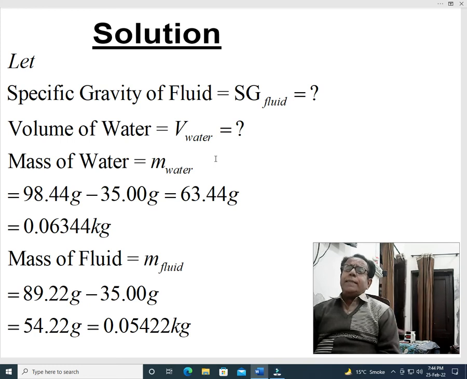Mass of water is equal to 98.44 gram minus 35.00 gram. Because 35 gram is the mass of the bottle, while 98.44 is the gross mass. So net mass, subtracting the mass of the bottle, mass of water will become 63.44 gram, alternatively 0.06344 kg.